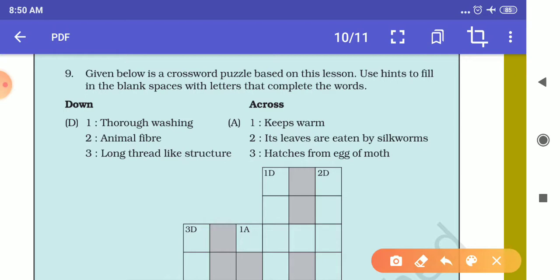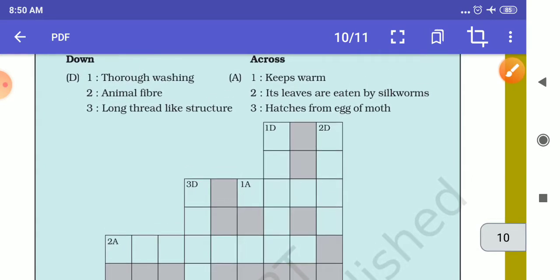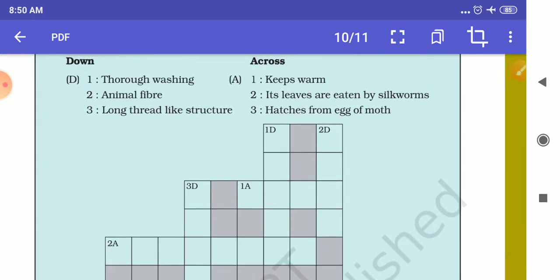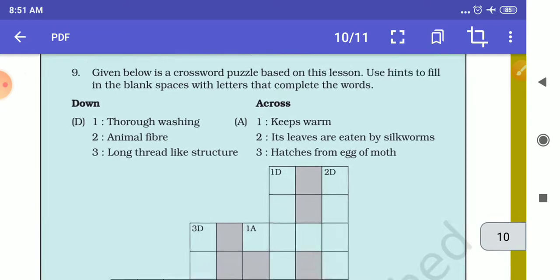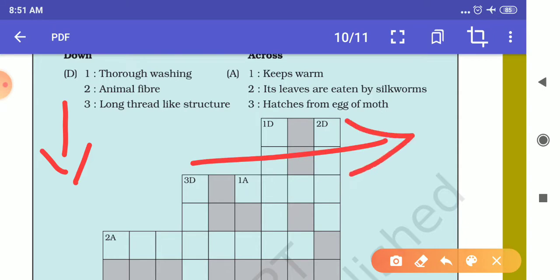Use hints to fill in the blank spaces with letters that complete the words. And what are those? There are two types of puzzles. One is down, that is you have to go from up to down like this. And one is across, that you have to go like this.